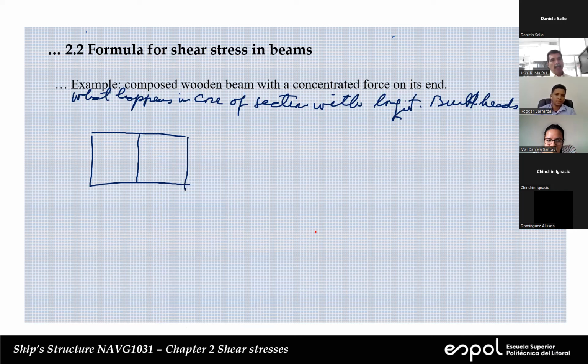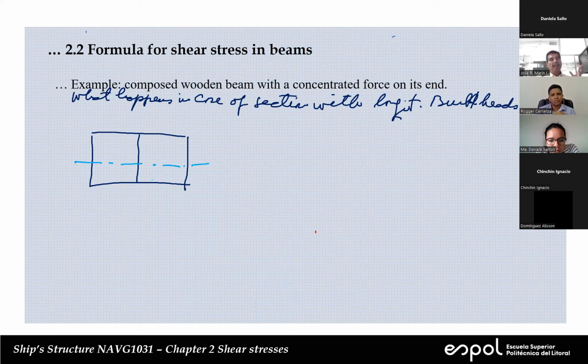Okay, anybody? Let's suppose that more or less, this is the neutral axis. You see that I put it closer to the bottom. That's typical because usually the thickness at the bottom is higher than the thickness at the deck. So it's a little bit lower, but it doesn't matter.